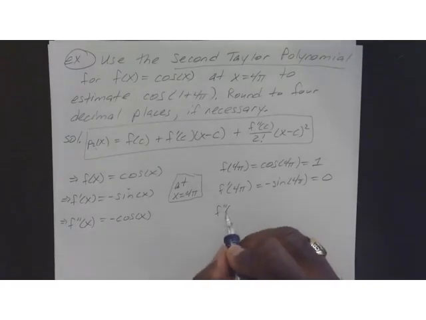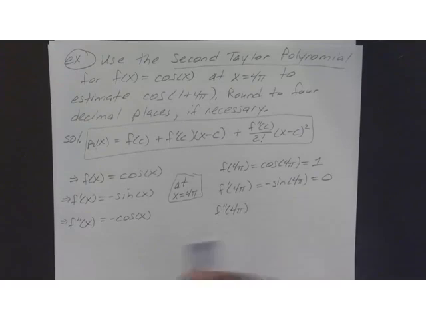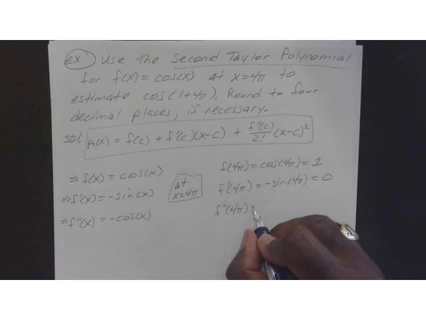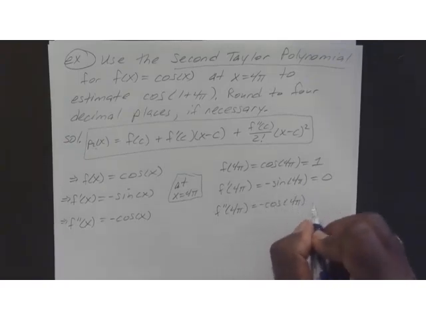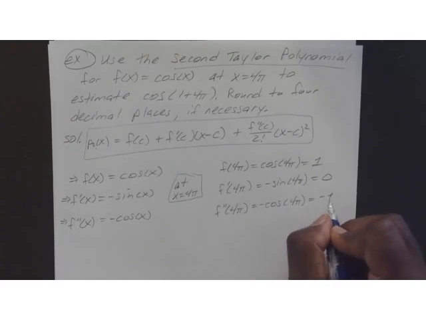And the second derivative at 4 pi is just negative cosine of 4 pi, which is negative 1.